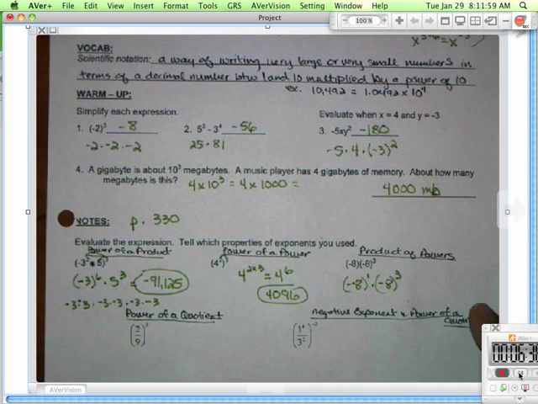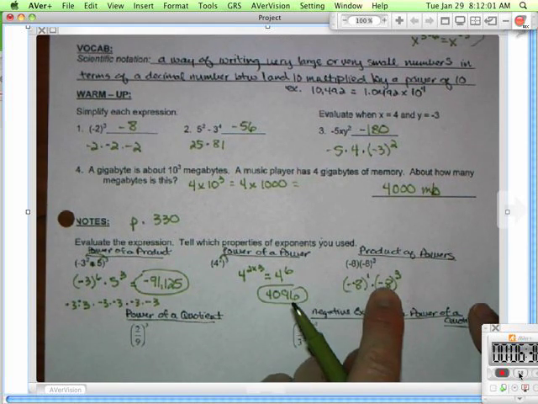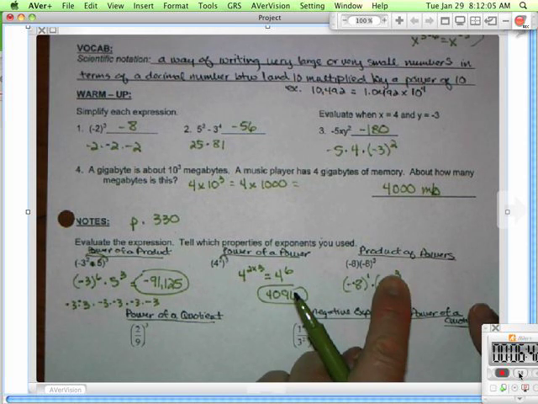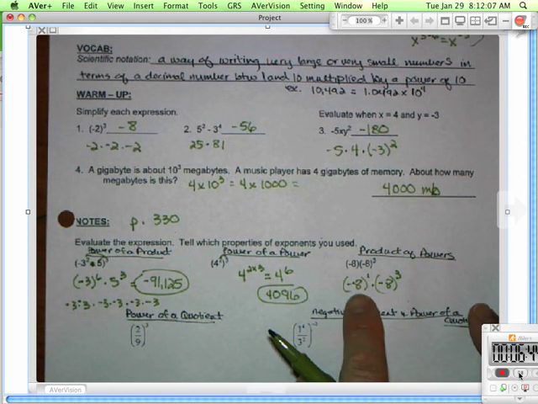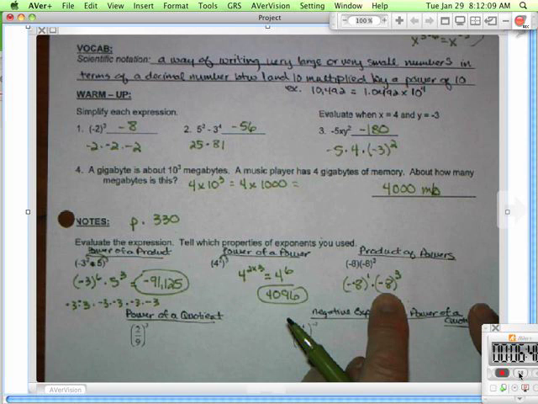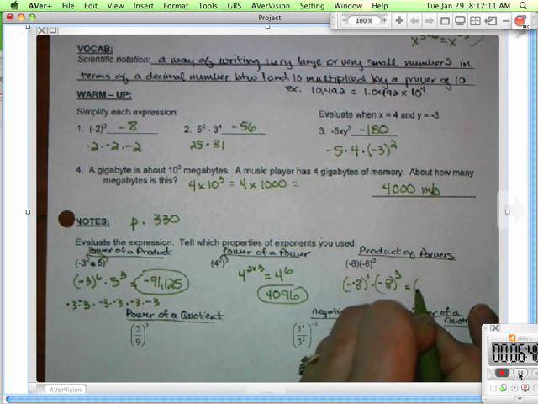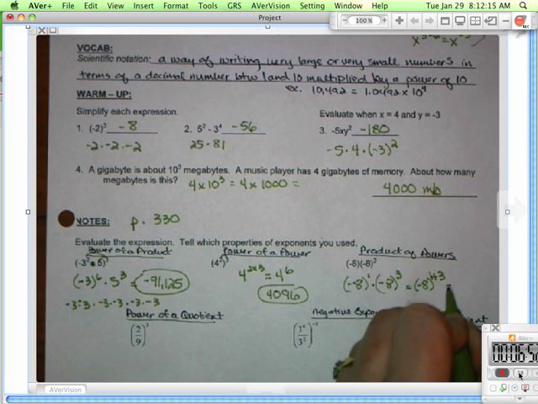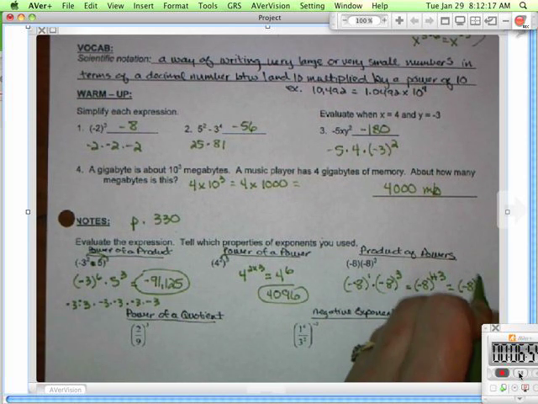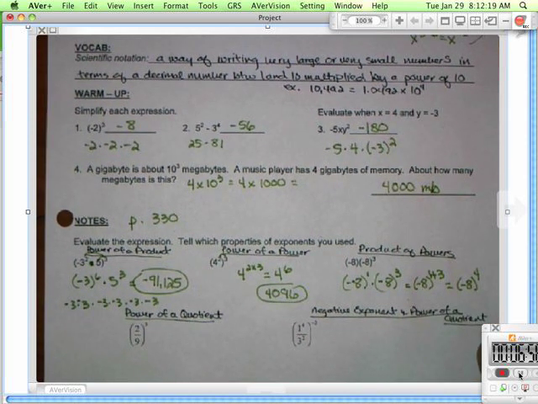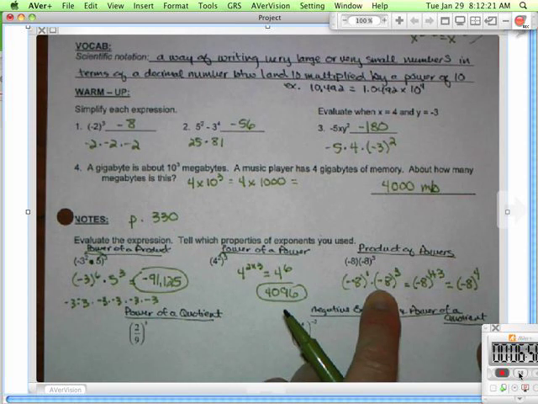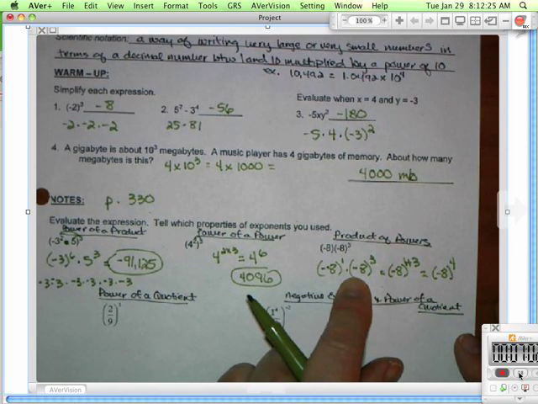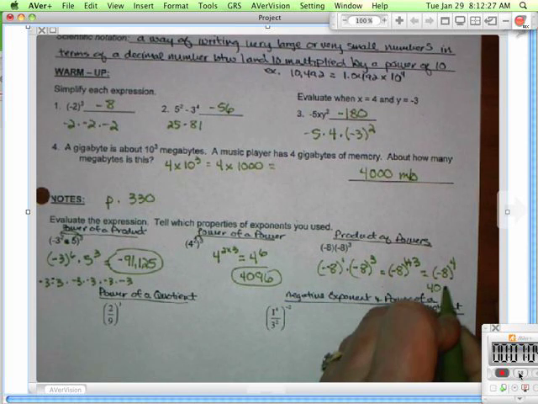When you're multiplying a power and they have the same base, all you do is add the exponents, because really this is the same thing as 1 negative 8 times 3 negative 8's. So it's the same thing as negative 8 to the 1 plus 3, which is equal to negative 8 to the 4th, because you have 4 of them all together. And when you multiply that out, you get 4,096.